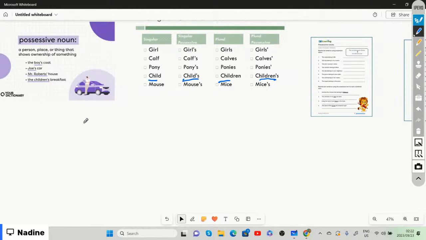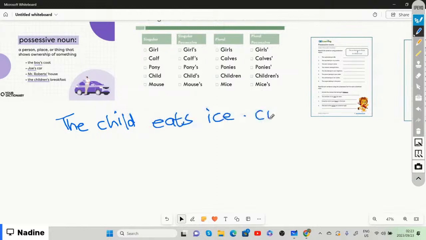Let's say the child eats ice cream, right?